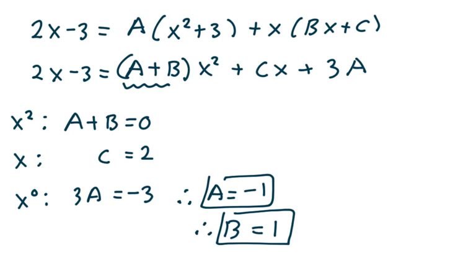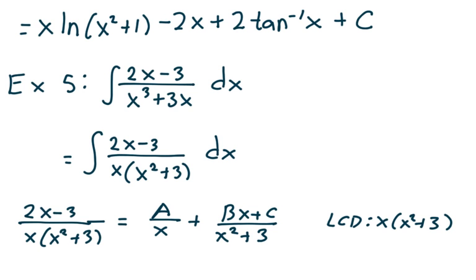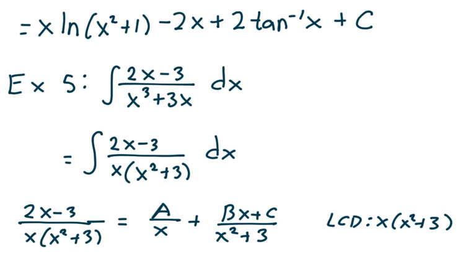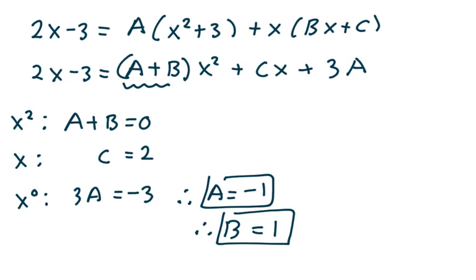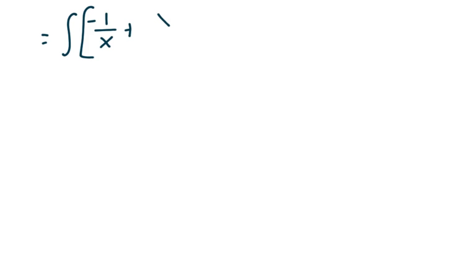And I'm in business because I'm going to rewrite this as follows. Now, A is negative 1, so this is the integral of negative 1 over x, and then I'm going to add (x plus 2) divided by x squared plus 3, with respect to x.